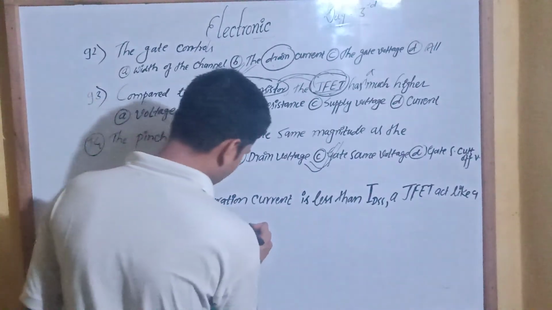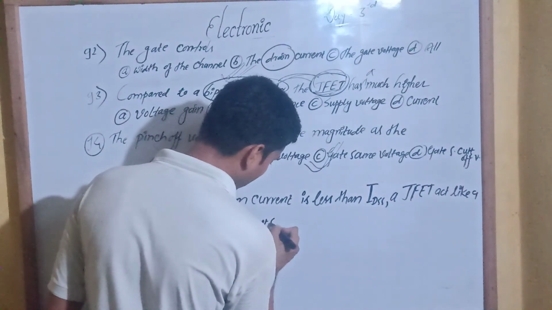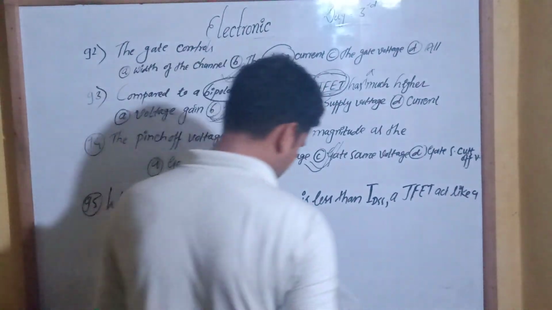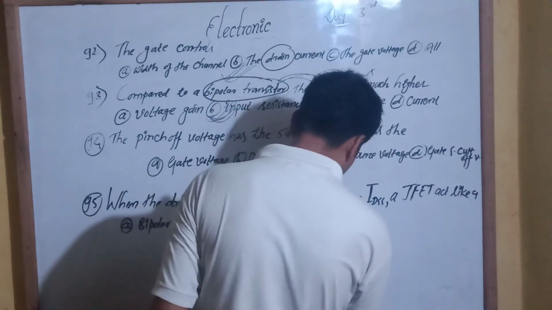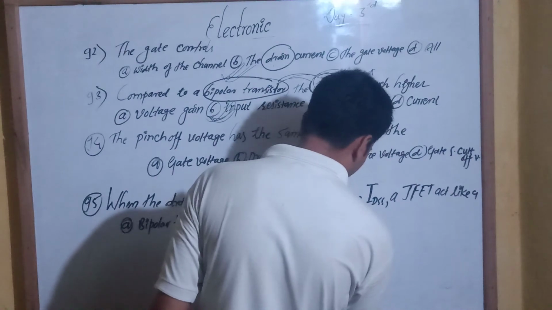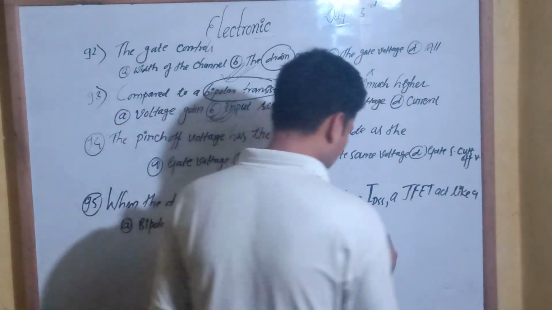Option B: current source. Option C: resistor. And option D is battery.